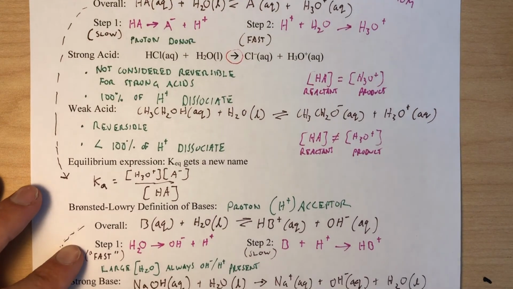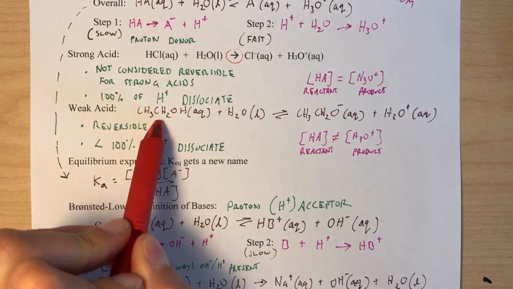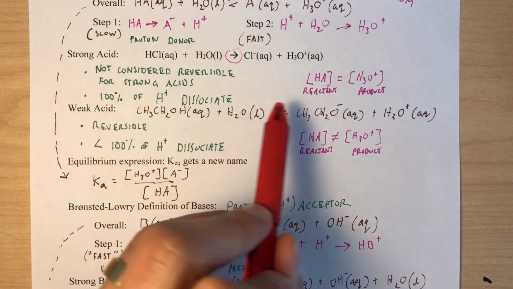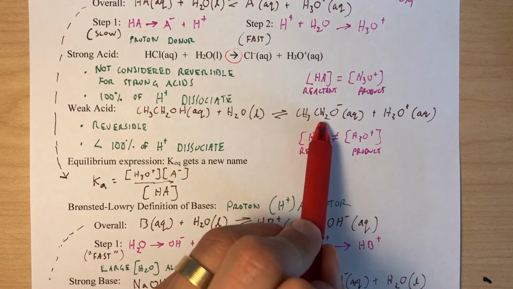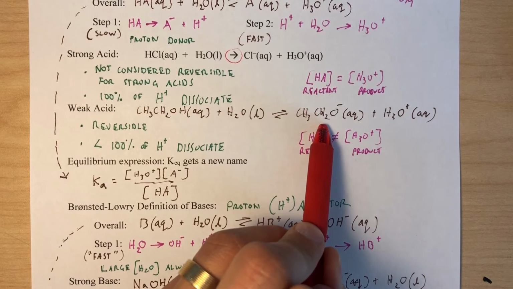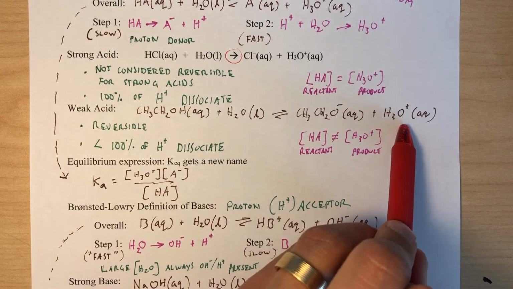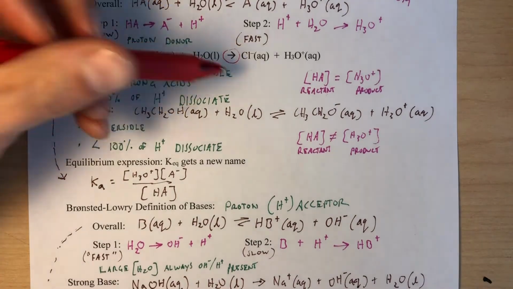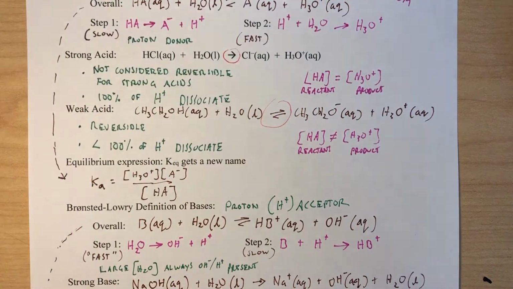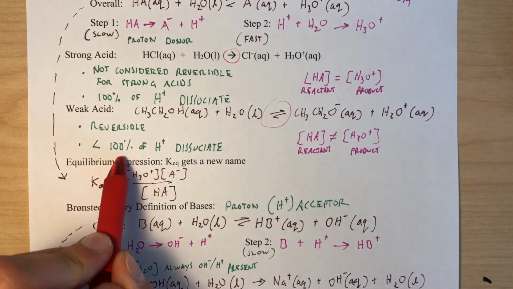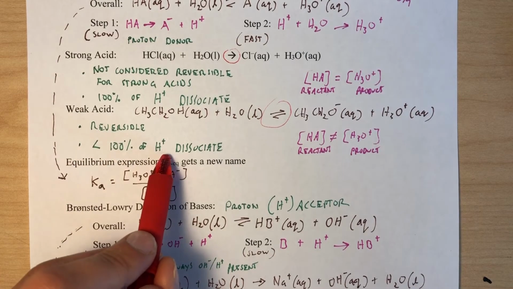In the situation of a weak acid, that is not true. So here, a weak acid like ethanoic acid reacts with water to form ethanoate, the conjugate base, and hydronium, the acid. This is a reversible reaction, so we get an equilibrium arrow here, and not all of the protons dissociate. So this is a less than 100% proton dissociation.